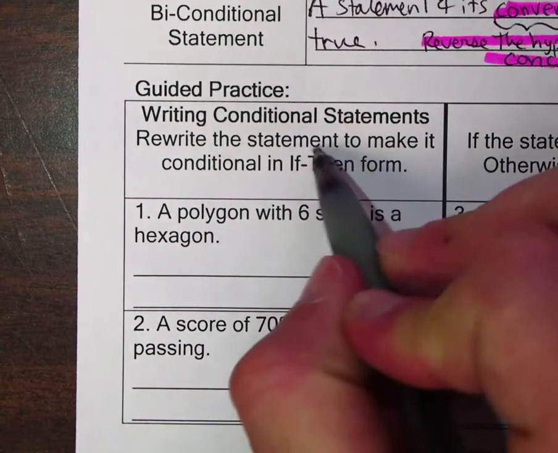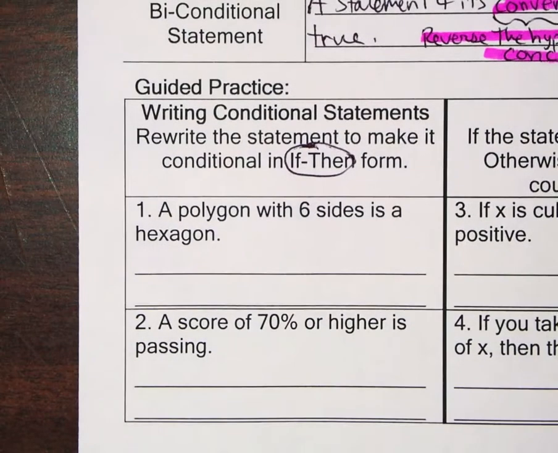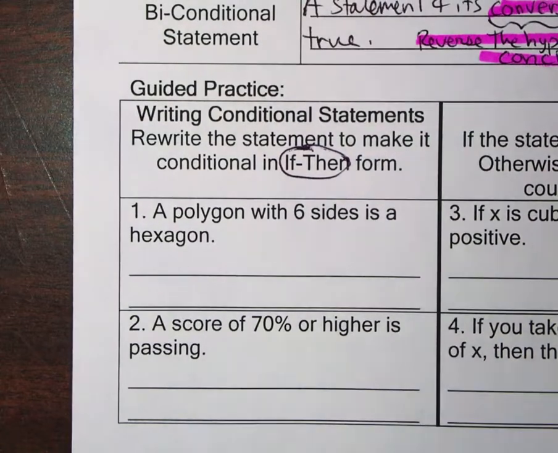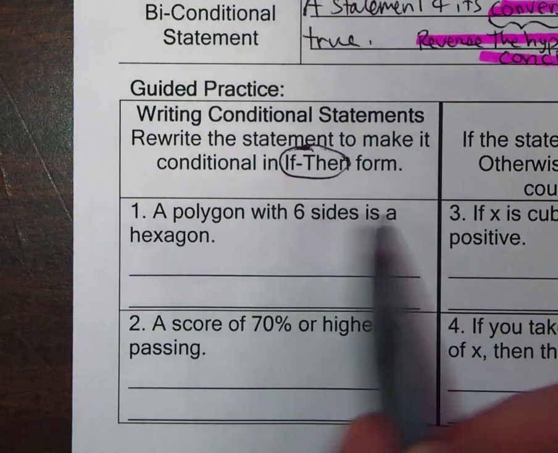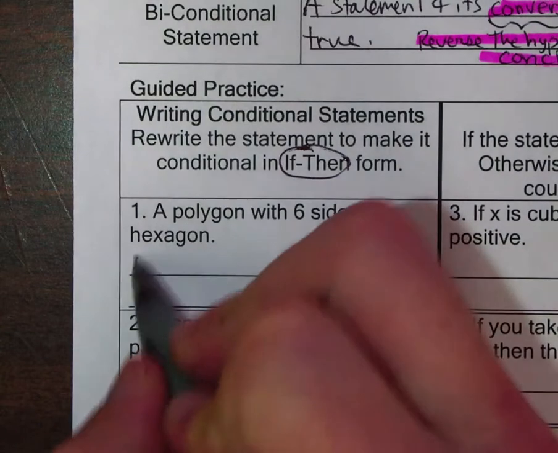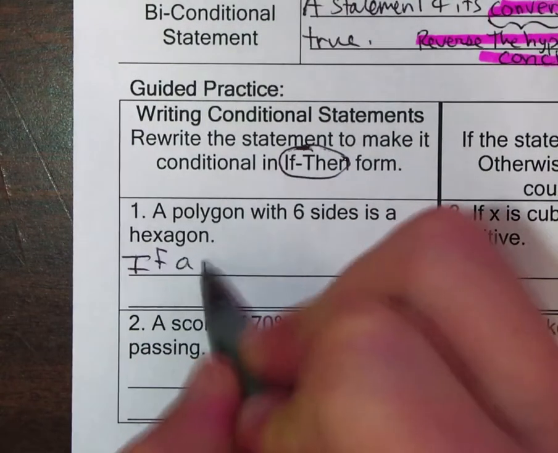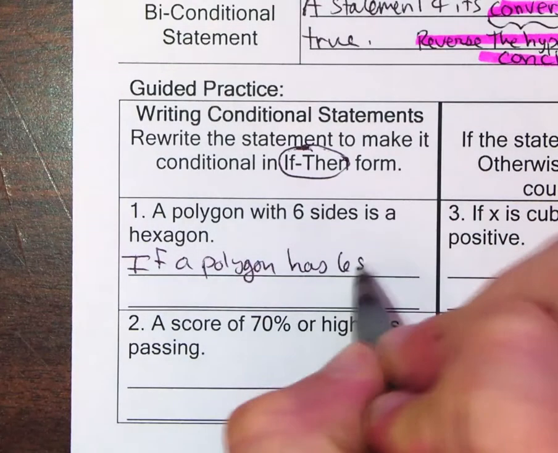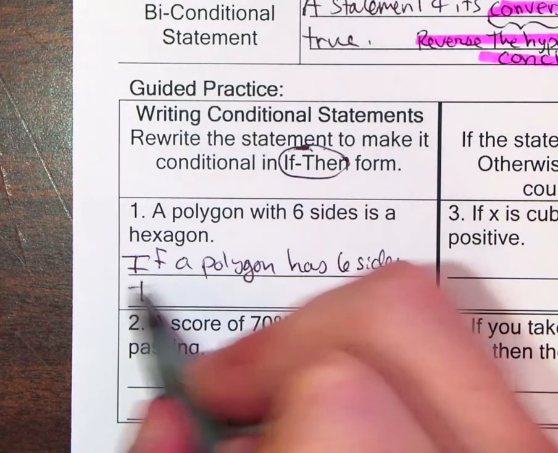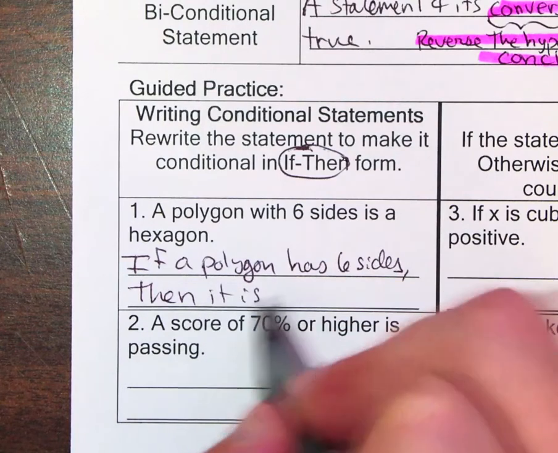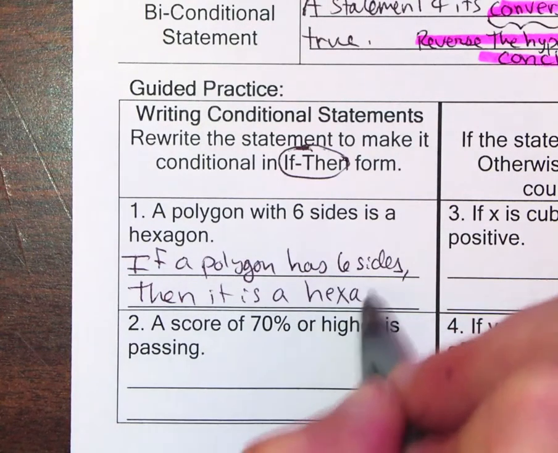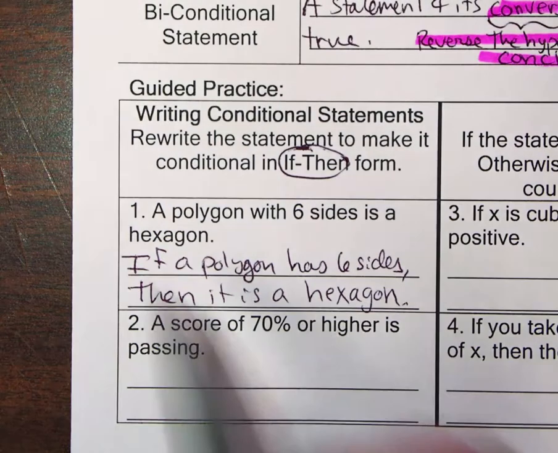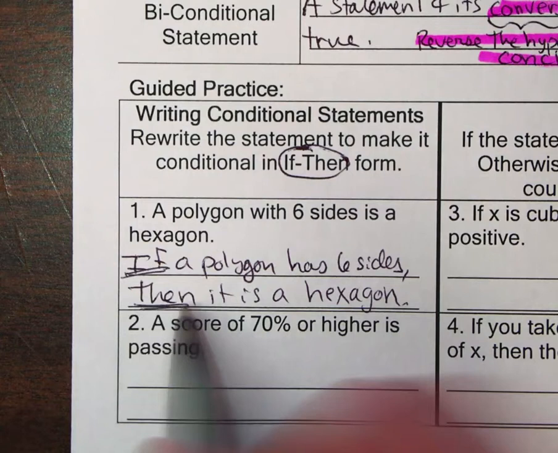First, can we just write conditional statements? We're going to rewrite them in the if-then form. You can hit pause and try it on your own, or I'll do the first one, and then you can pause it, and then you can try the second. A polygon with 6 sides is a hexagon. So I would write it this way: if a polygon has 6 sides, then it is a hexagon. All right, that's in the if-then format.